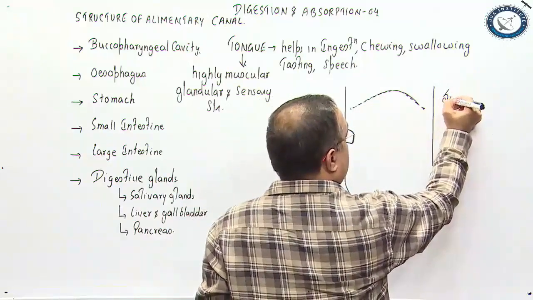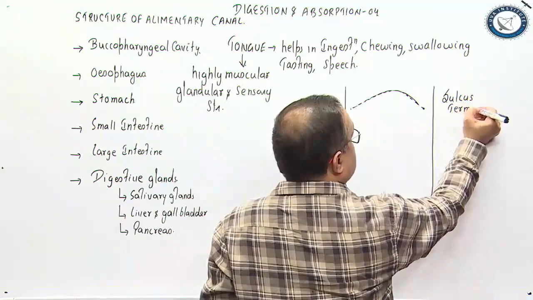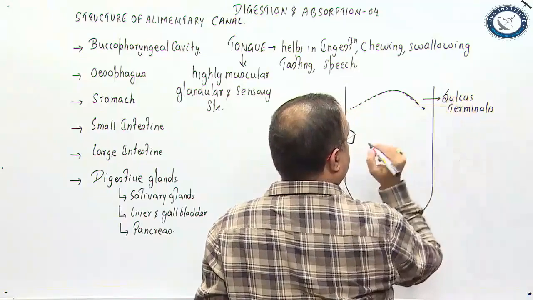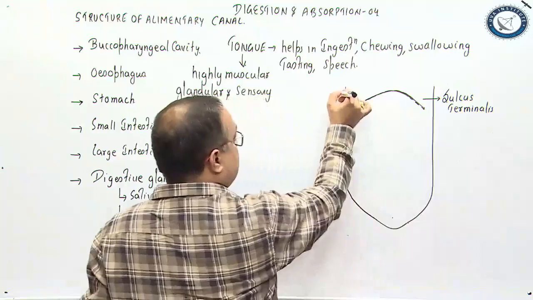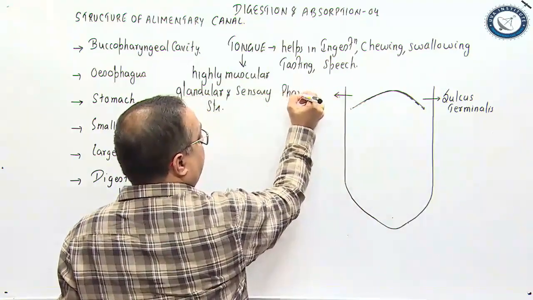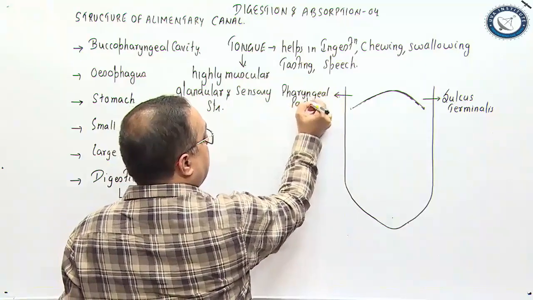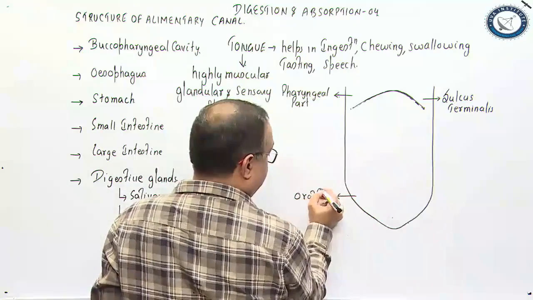So I'm labeling this structure as sulcus terminalis, right?